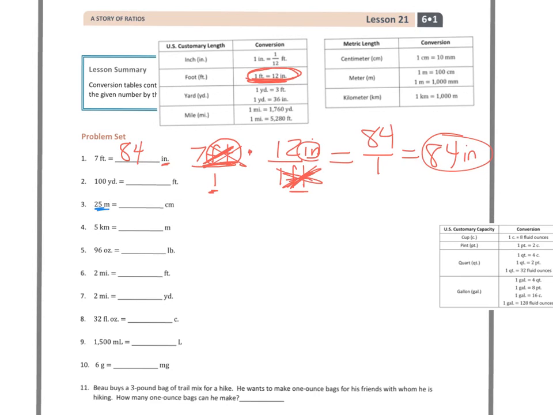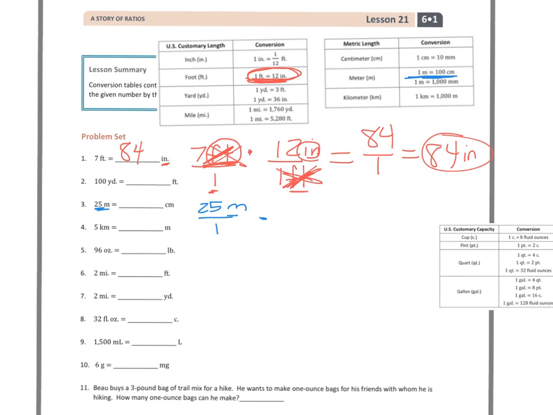So we'll look at 3 now. We're into the metric, and I do have the metric conversion off to the right of that. 25 meters equals how many centimeters? So I'm going to write 25 meters, and I know immediately I'm going to put it over 1, and I'm going to multiply it by my ratio of meters and centimeters. So I have right here a conversion. 1 meter equals 100 centimeters.